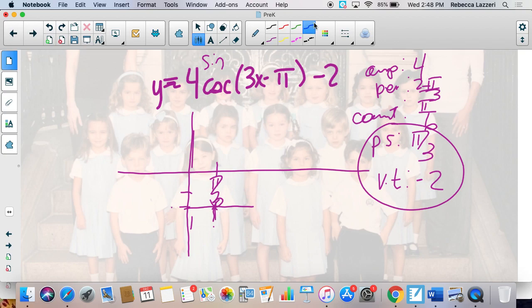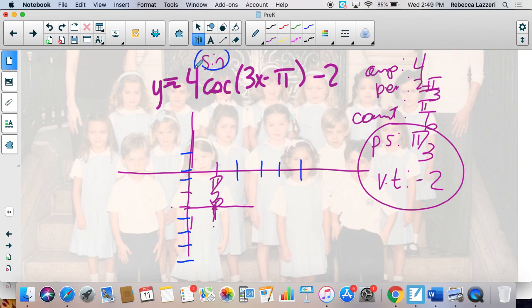And then I'm going to draw a sine wave. But I'm only going to dot it in because I'm not really supposed to be drawing a sine wave. So I'm going to use it as my model, okay? So I'm going to go up 1, 2, 3, 4, and down 1, 2, 3, 4. In the interest of time right now, I'm just going to count out 4, but you would label them like I taught you today, okay?